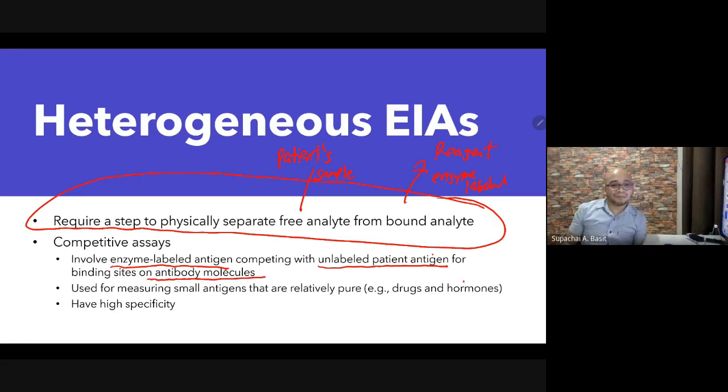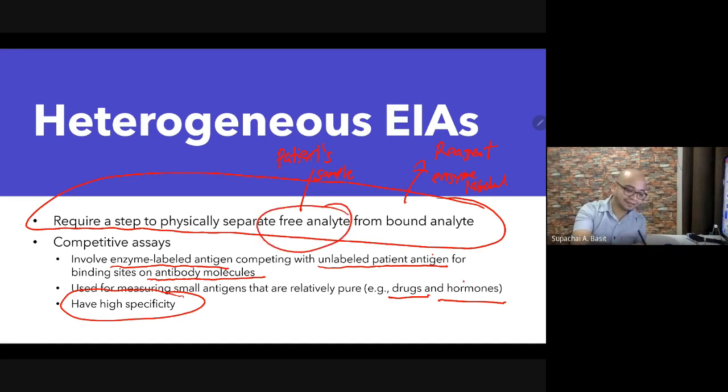Competitive assay is therefore utilized for measuring small antigens that are relatively pure, such as drugs and hormones. The good thing about it is that it has very high specificity. But the most important requirement is that you should be able to physically, literally, separate the free analyte from the bound analyte.